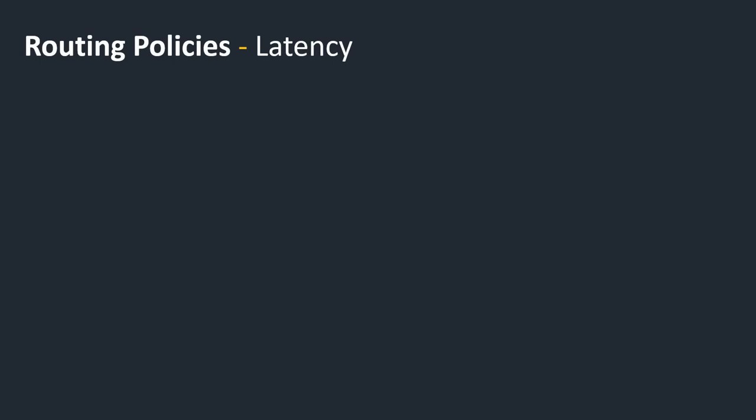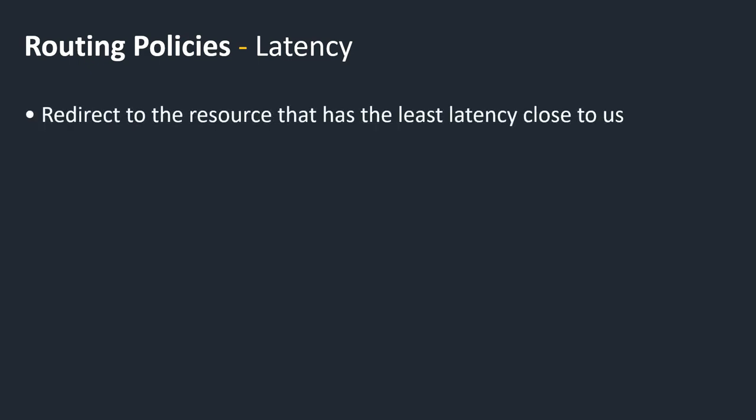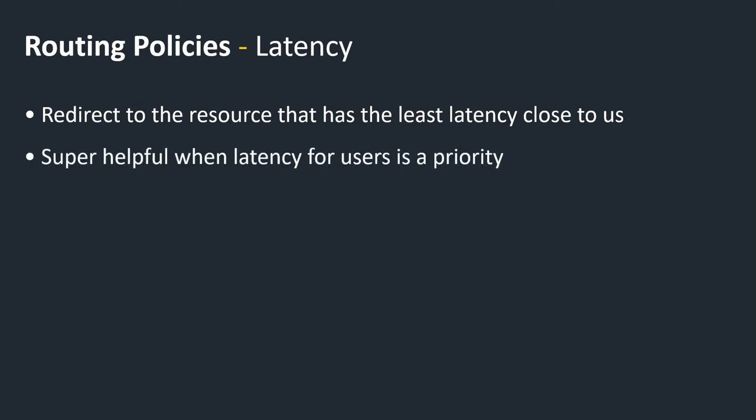Now, let's talk about a routing policy that's super easy to understand, which is the latency based routing policy. The idea is that you want to redirect to the resource that is going to have the lowest latency, so the closest to us, which is super helpful when latency is your main concern for your website or applications.